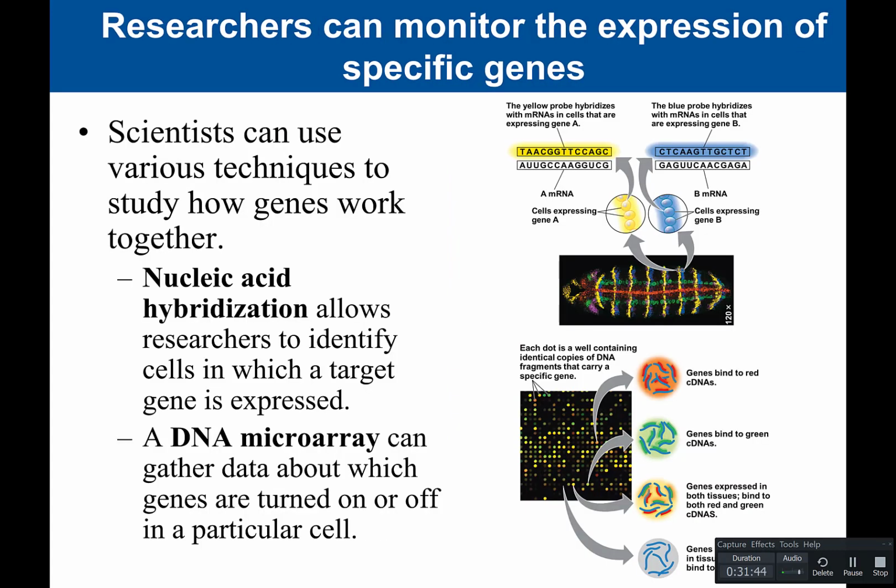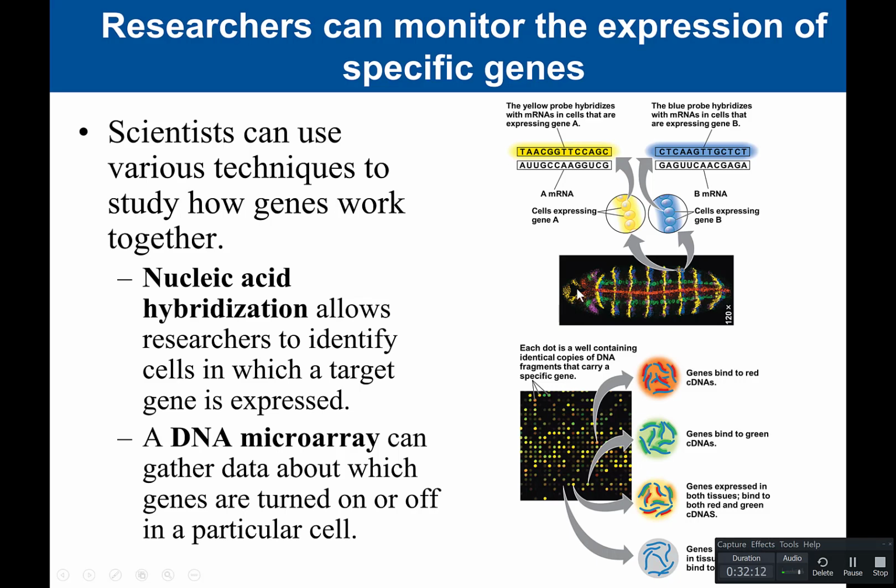So researchers can monitor the expression of specific genes. Scientists can use a variety of techniques to study how genes work together. We can look at, in an embryo, for example, where a particular gene is expressed: what types of cells, what types of tissues would be expressing these particular genes.